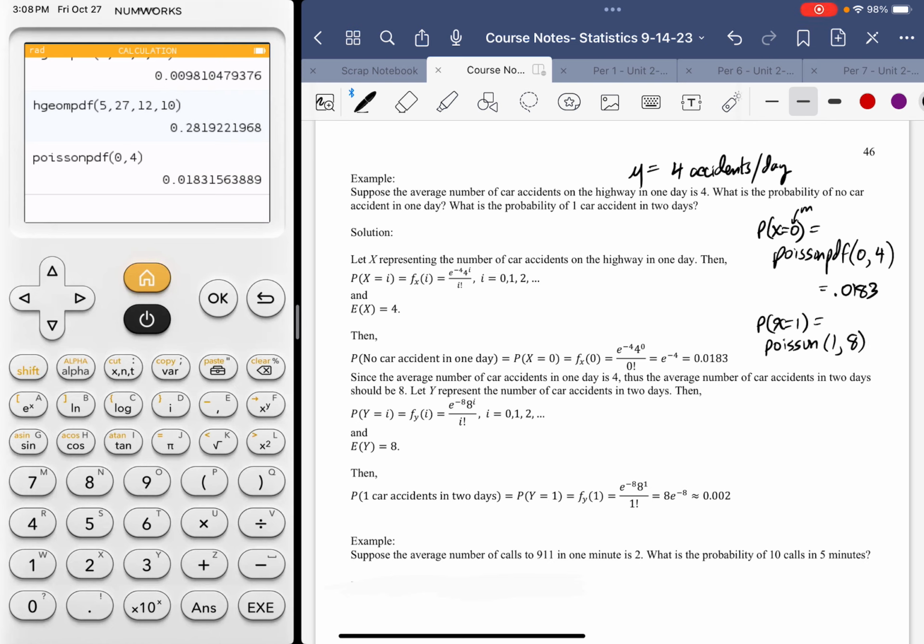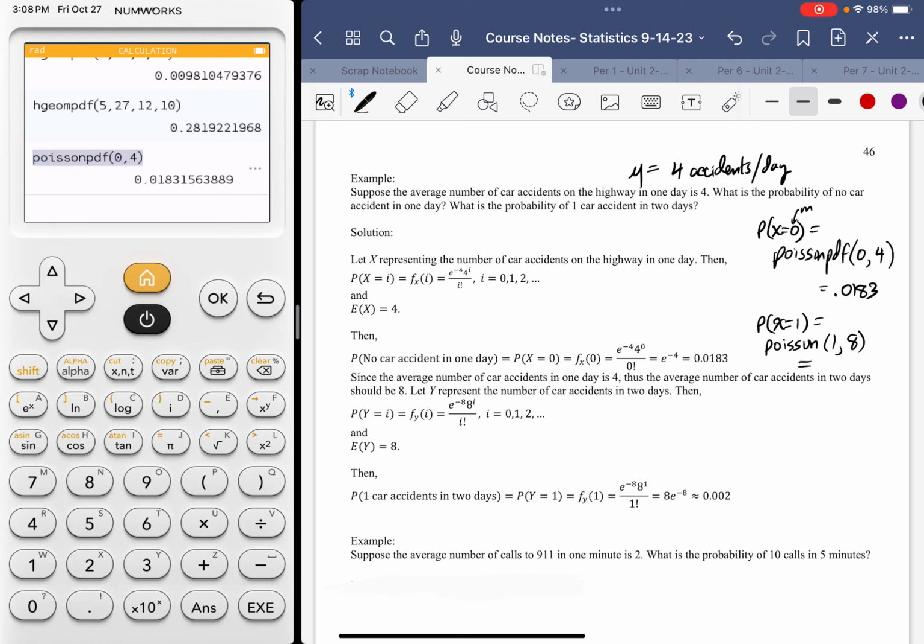So we're actually looking to do better than what the average is. Normally they say there's going to be 4 accidents over the course of 1 day. I'm saying I want to have 1 accident. Well, I don't want to have an accident at all, but maybe I'd be willing to accept 1 accident over the course of 2 days. And it still seems pretty bad when you say it that way.